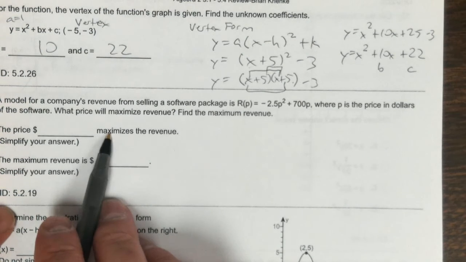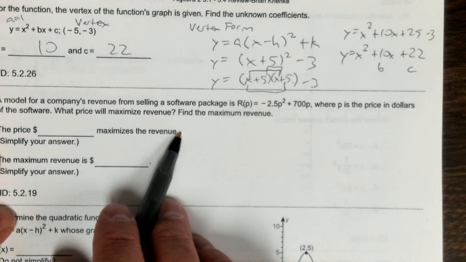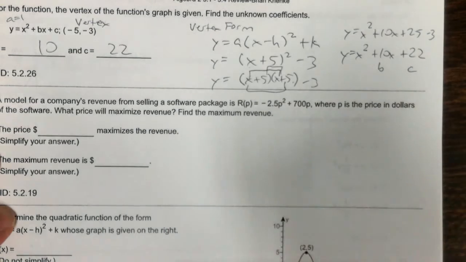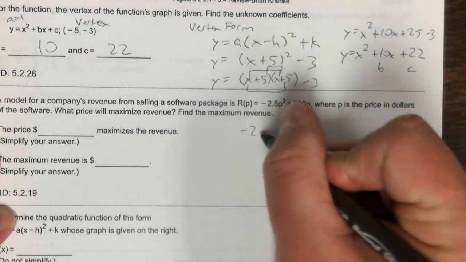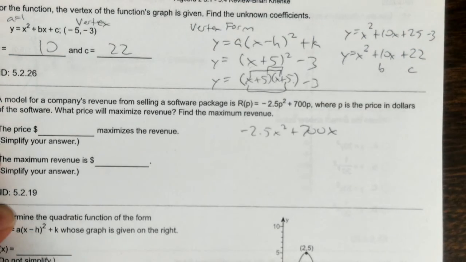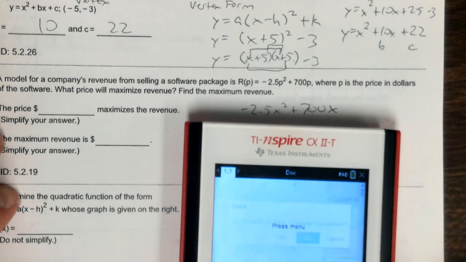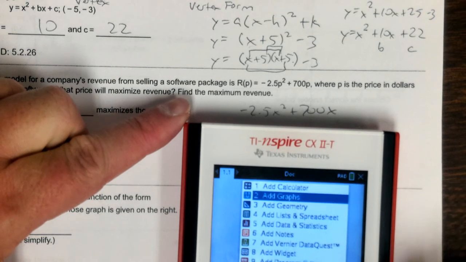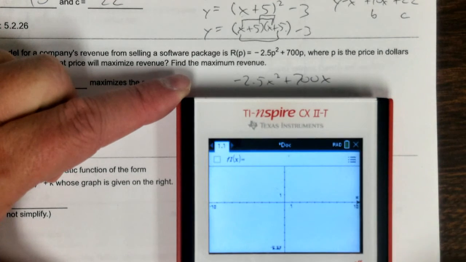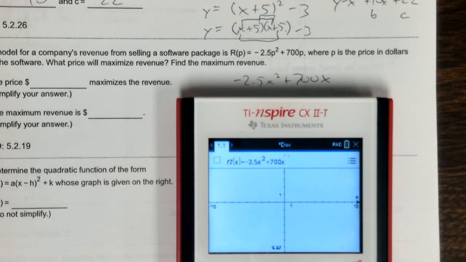Okay, on this next one, you want to maximize your revenue, and so just type this equation, negative 2.5 x squared plus 700x.